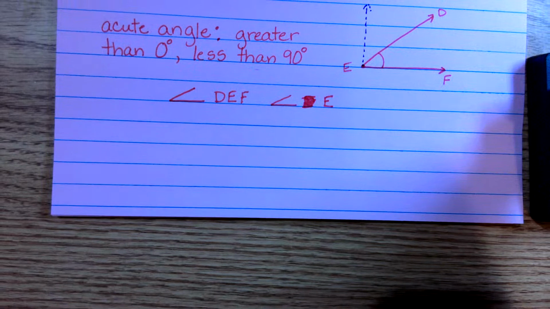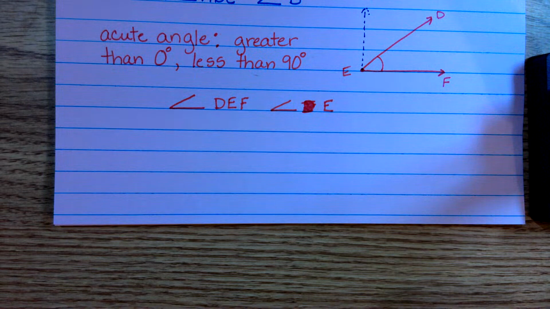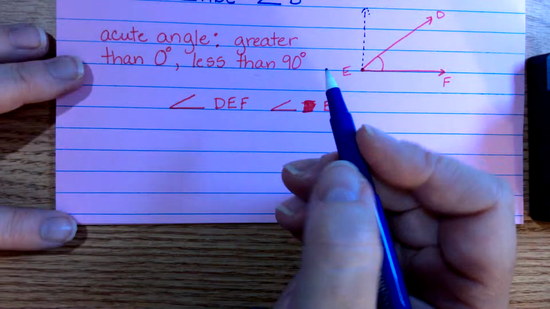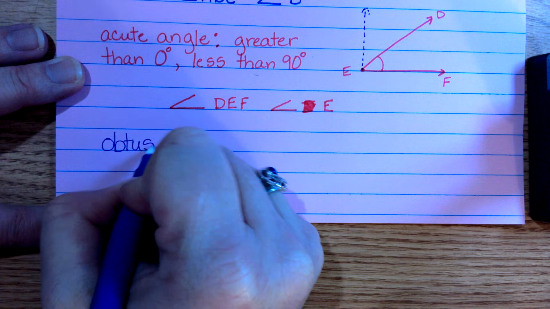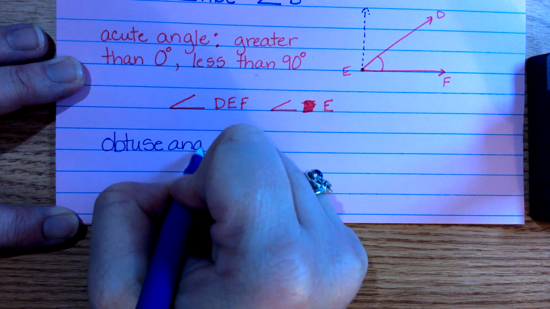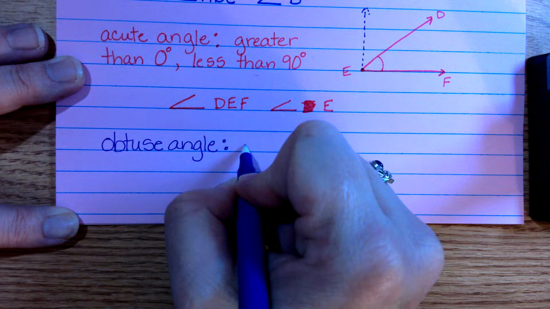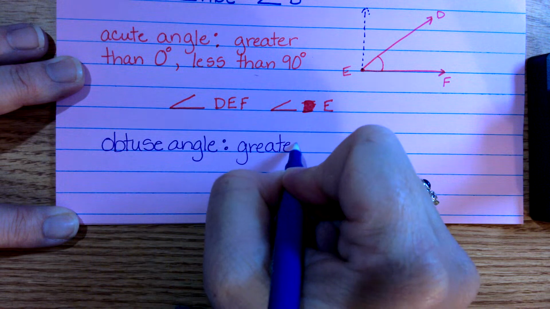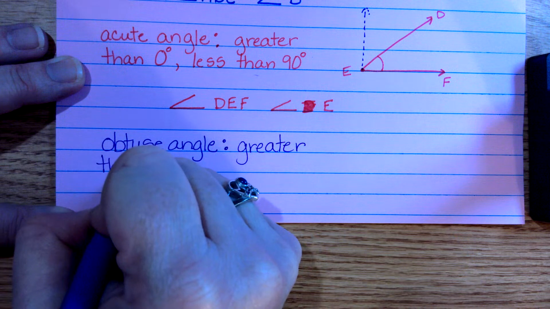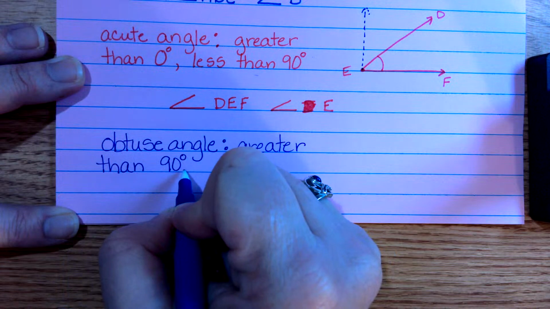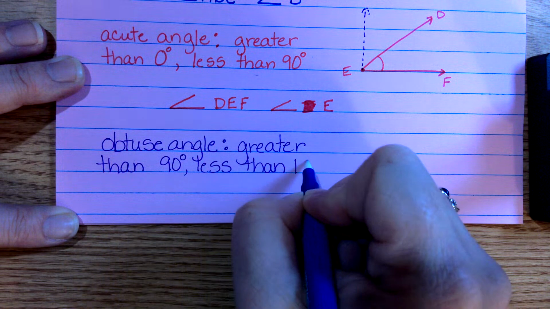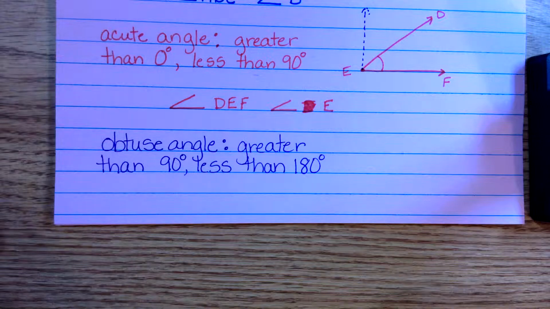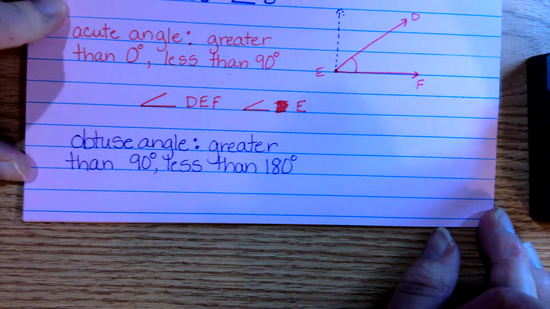Last but certainly not least, we have an obtuse angle. An obtuse angle. Obtuse means greater than 90 degrees, but less than 180 degrees. And again, this one I think of as the word obese.